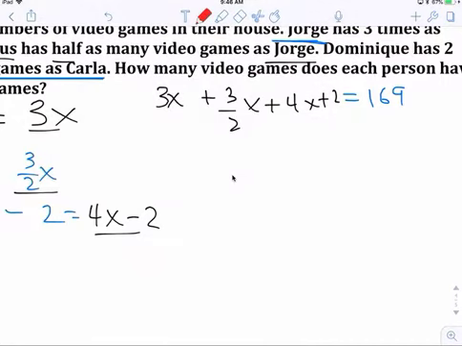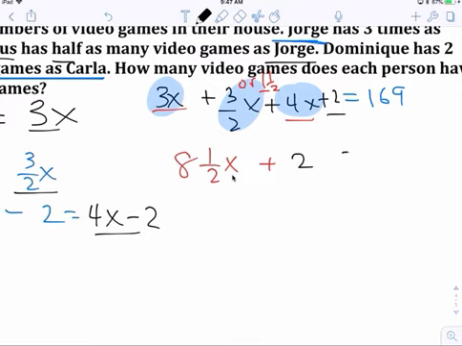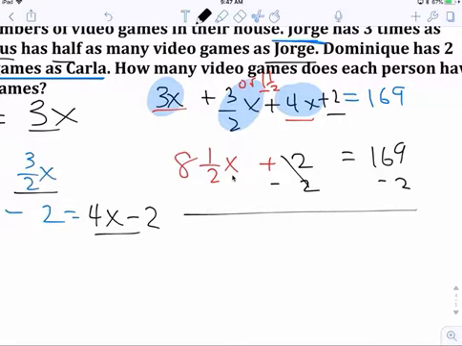We got the like terms. This is 4, 1 and 1/2, right? x. So 4 plus 3 is 7, plus this 1 is 8. 8 plus that half is 8 and a half x, minus 2 equals 169. 169 plus 2.